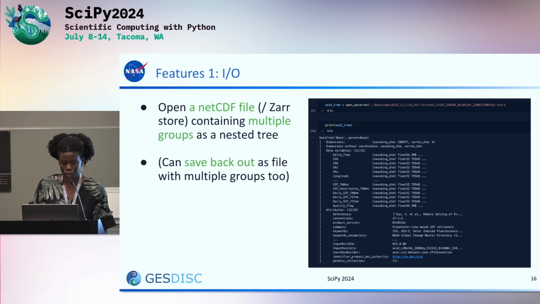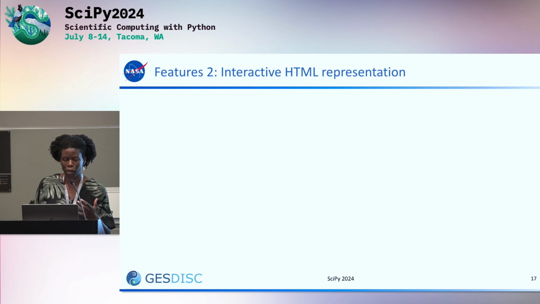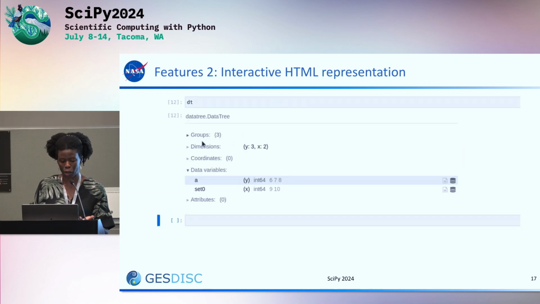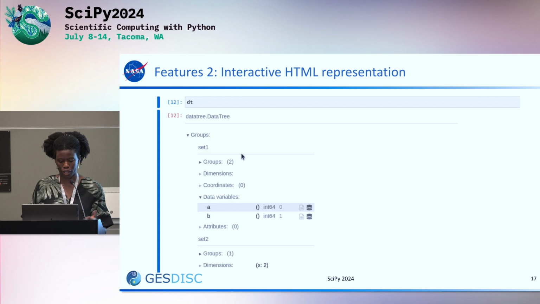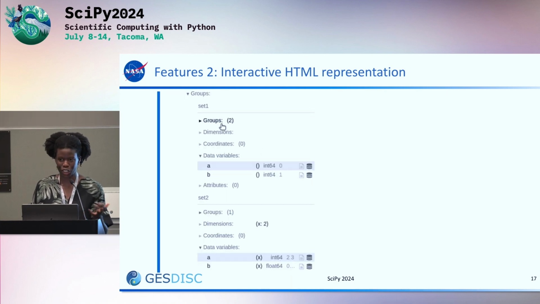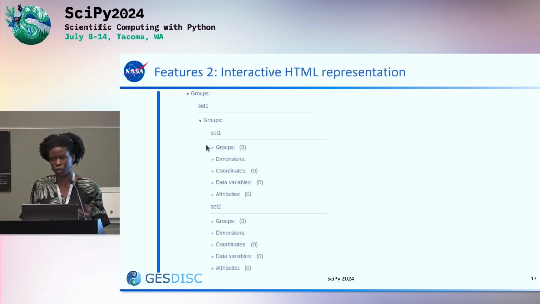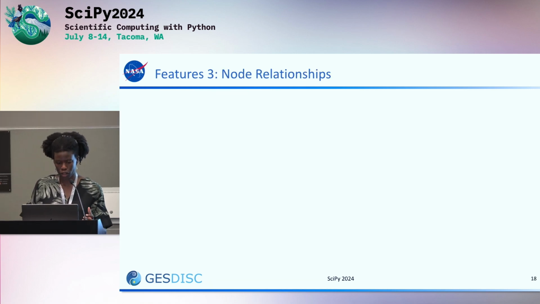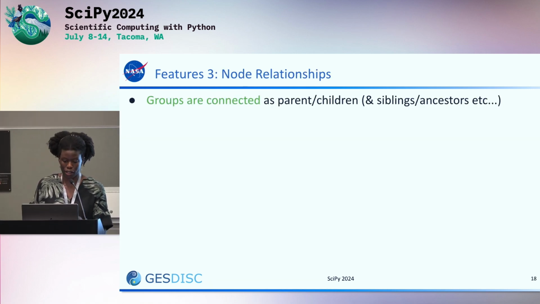The other thing is you can also write out a data set with multiple groups pretty easily. I think probably my favorite feature is that it's super interactive. You just have an HTML wrapper of all of the groups there. You can click around. You can see what's in the data set before you do your computations or your plotting.